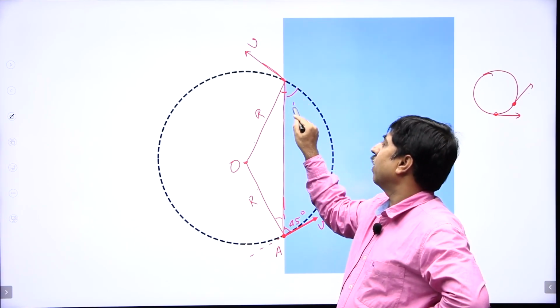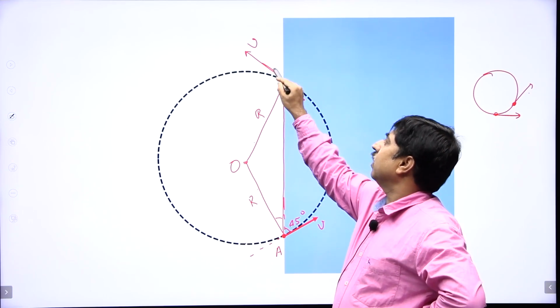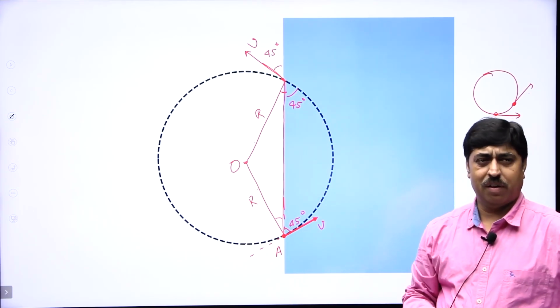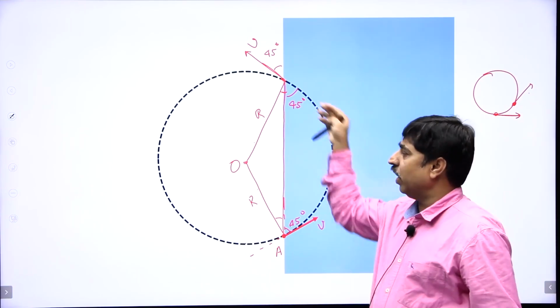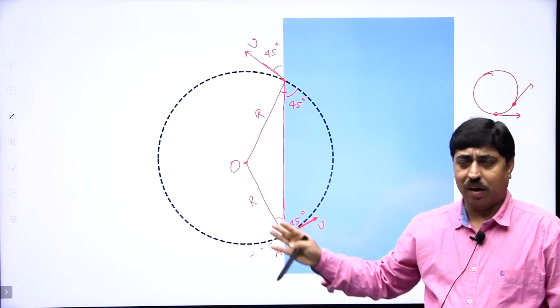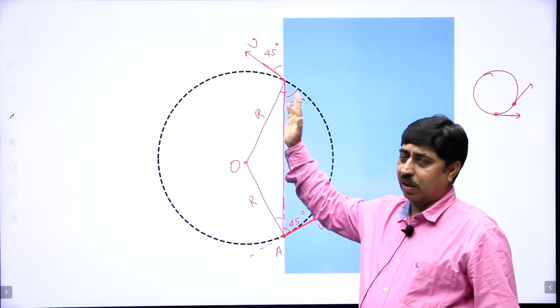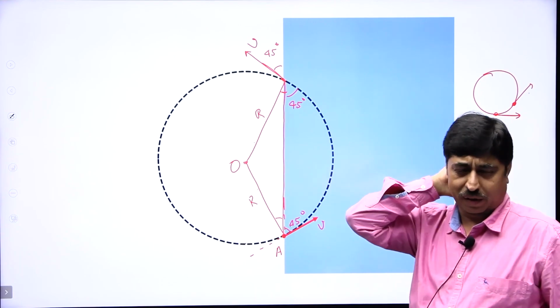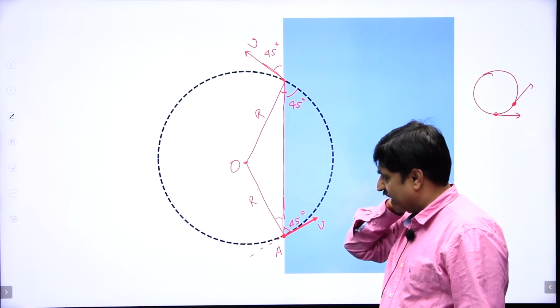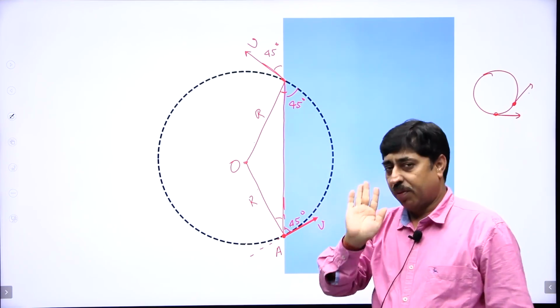So this angle is again 45 degrees. In this particular case, the entry point and exit point are quite symmetrical as far as their direction is concerned with respect to the magnetic field. Both the angles are 45 degrees. That is what I want to say basically.